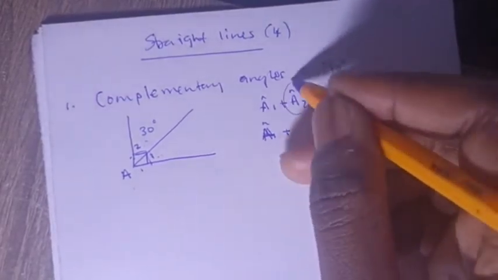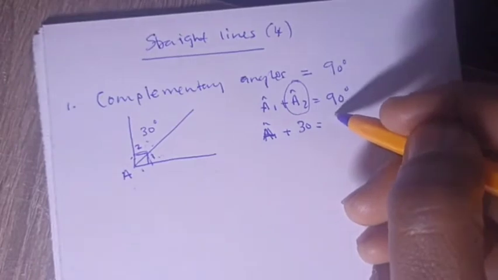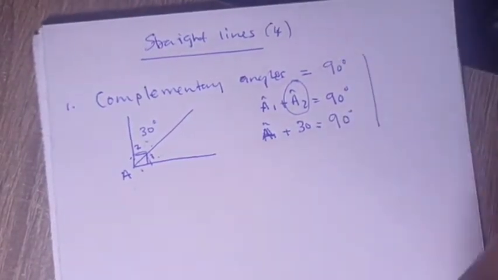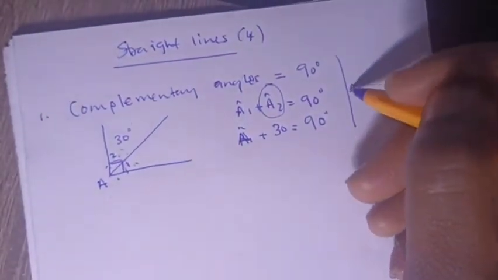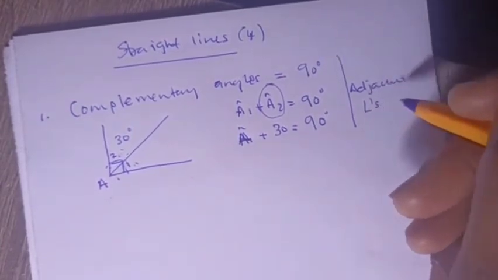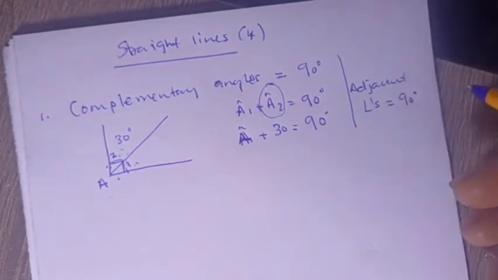So these 2 angles must give me 90. Your rule will be, these angles are next to each other, so you need to start with this word, adjacent angles. That's the symbol for angles, equals to 90 degrees.